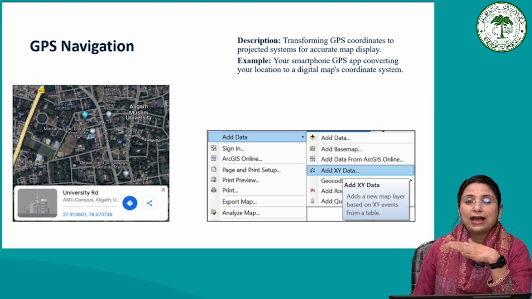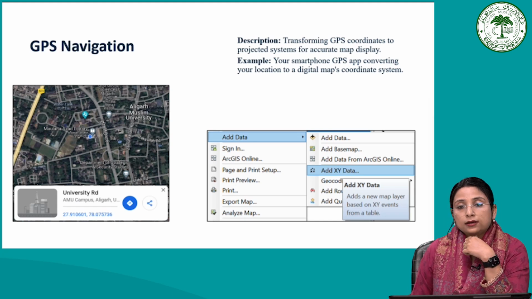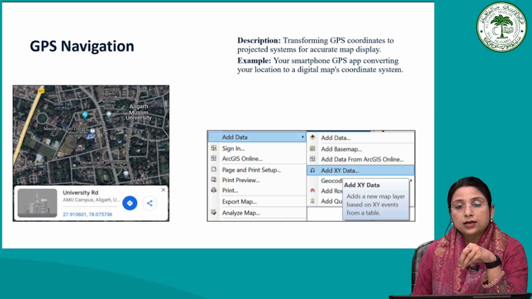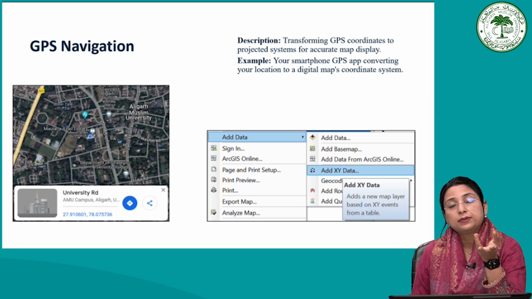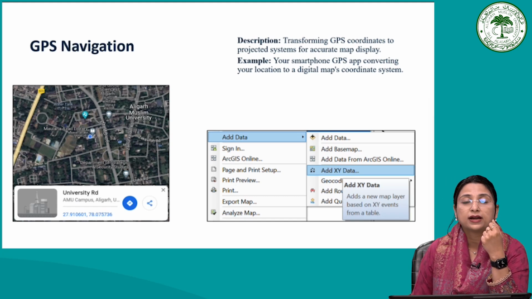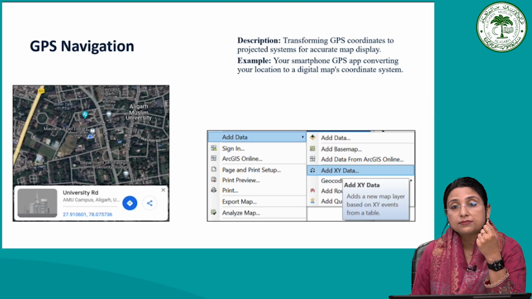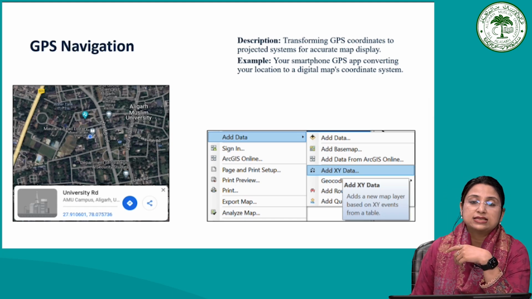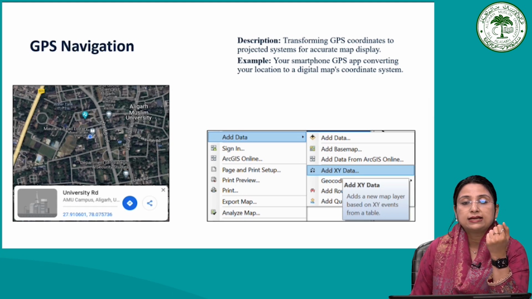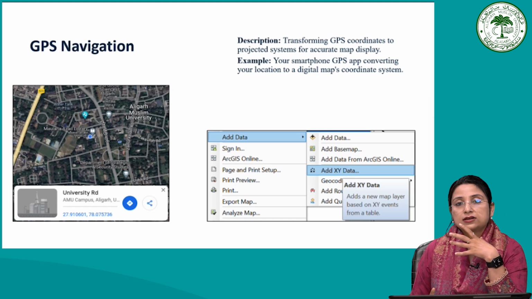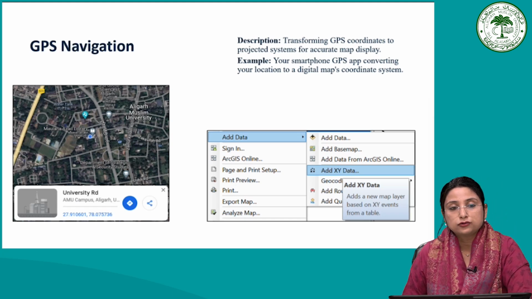That is what GPS does. However, the maps and navigation systems we use often have projected coordinate systems, maybe Universal Transverse Mercator, that is the UTM system, or the State Plane Coordinate System, that is SPCS, or a local grid system for more accurate distance measurement and map representation.